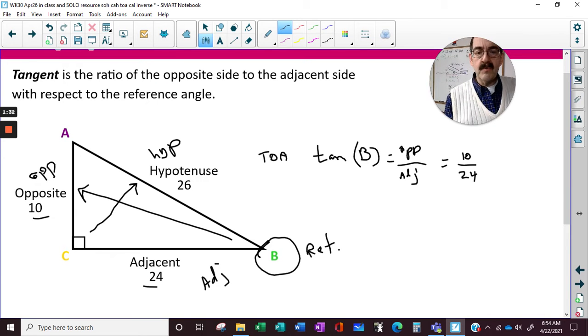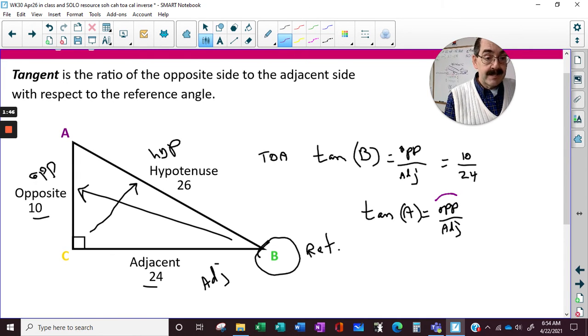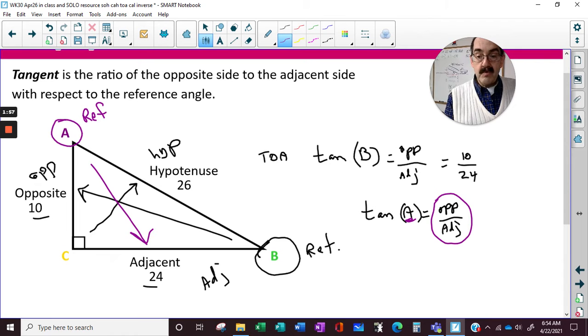10 over 24. Now, the reference angle is the key because the tangent of A would be the OPP over the ADJ. But if A was our reference, now we have the OPP over the ADJ.